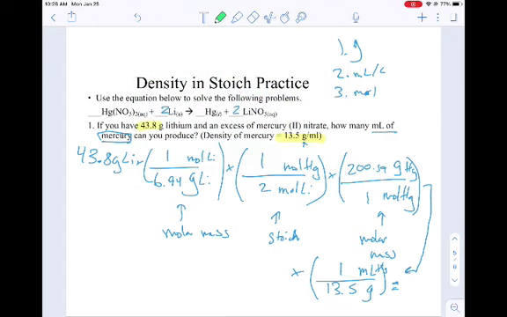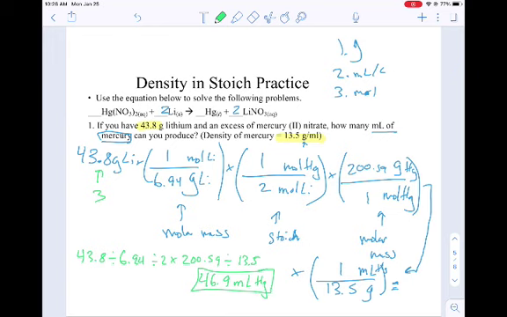So in my calculator, I would type in 43.8 divided by 6.94 divided by 2 times 200.59 divided by 13.5. Those are the digits that would get me to my answer. Because this is 3 sig figs, I would round my final answer to 3 sig figs, which is 46.9, and then label with the chemical substance as well.